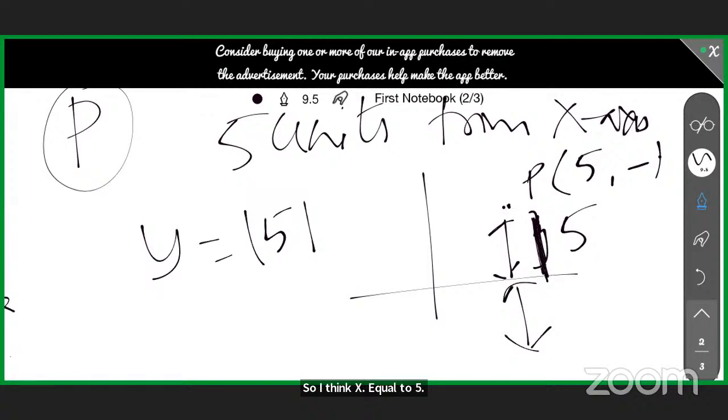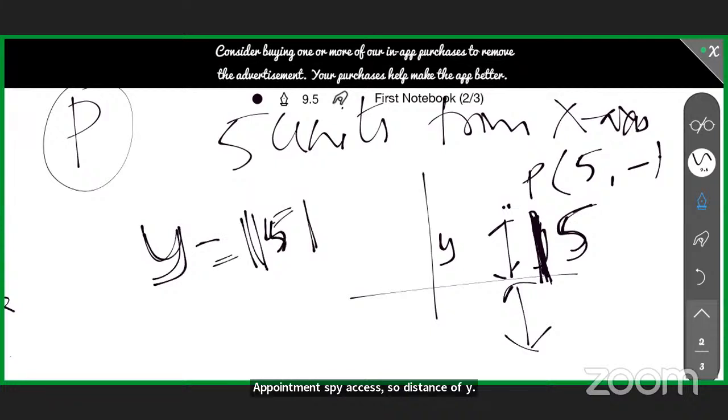This distance I'm asking. This distance is 5. So this is of which axis? This distance gives my point a distance of 5 from the x-axis, so the distance in y is 5. So y is moving either plus 5 or minus 5. Modulus 5.